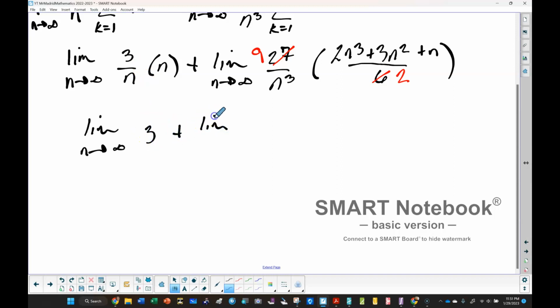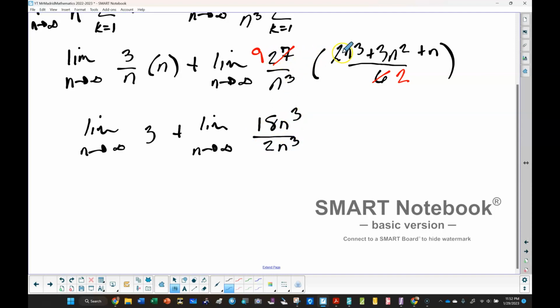Plus the limit. So let's go ahead and do some work here. We're going to do what we've got to do. So we've got 18. I won't go too fast.